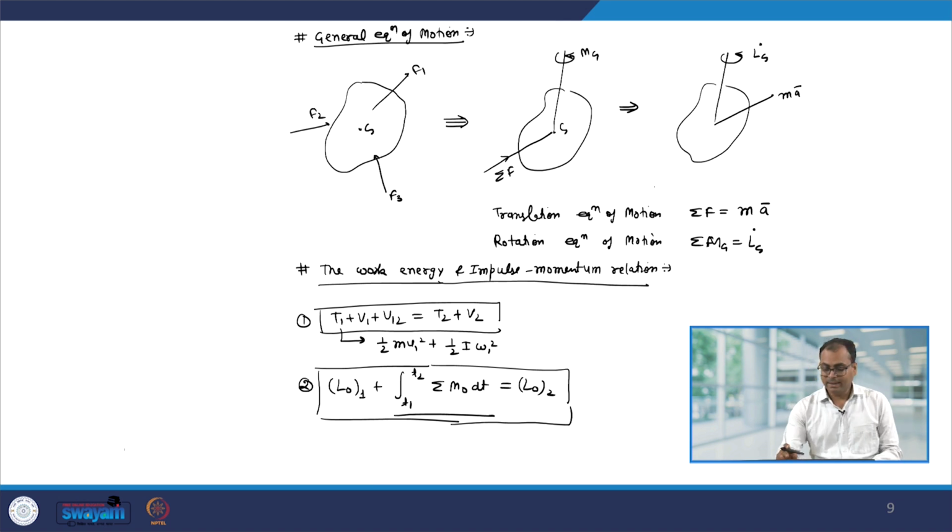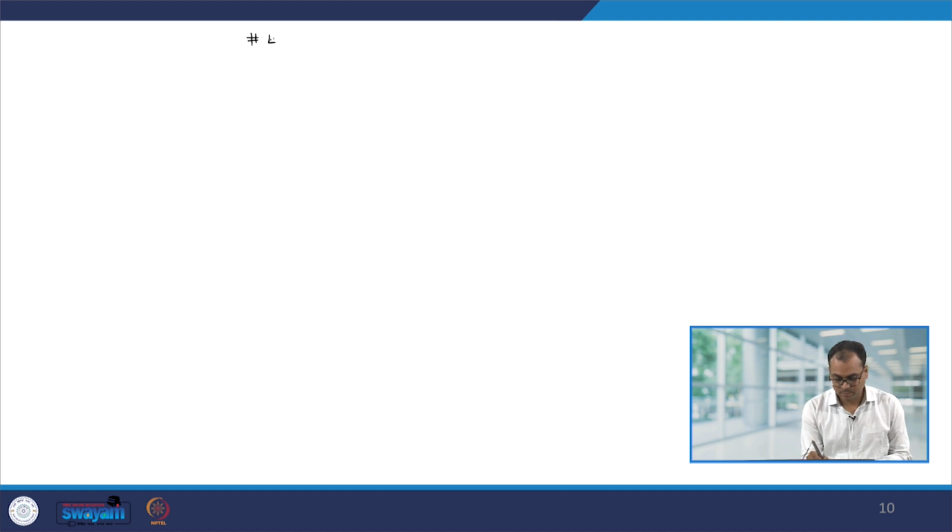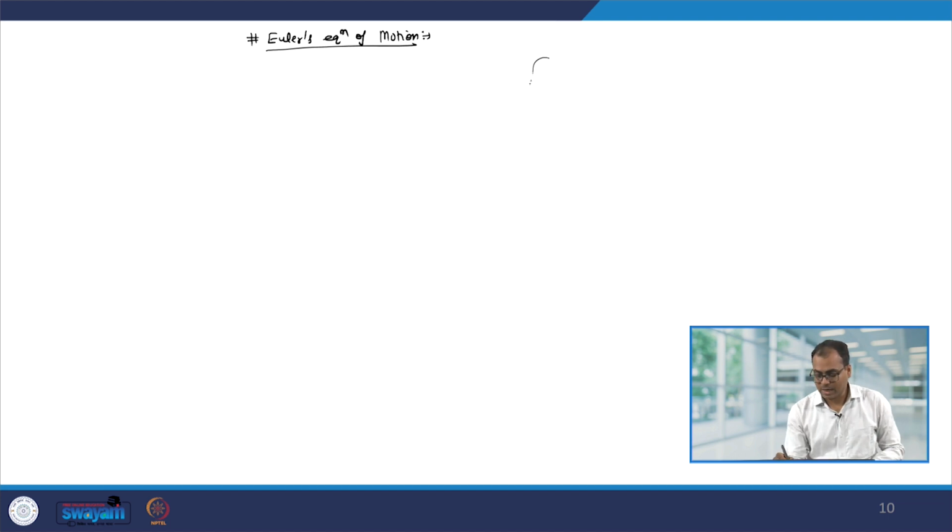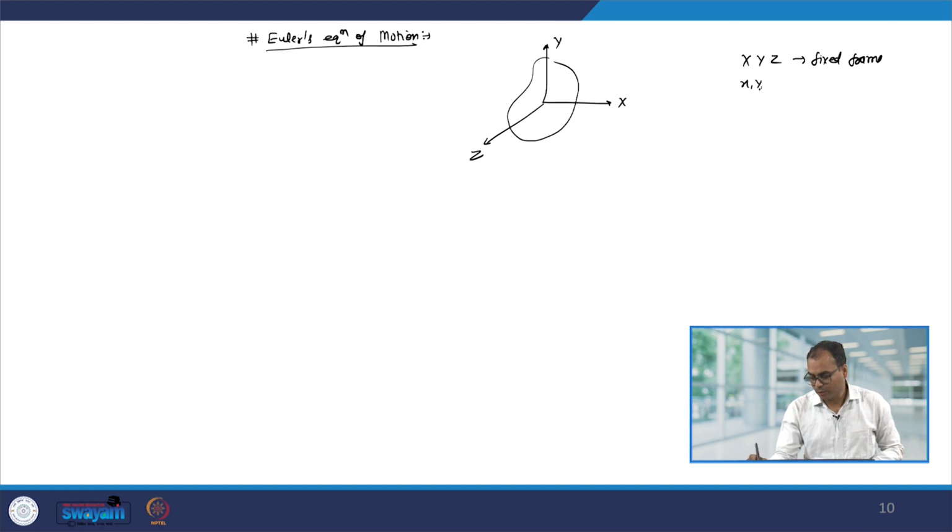Finally, we discussed Euler's equation of motion. So, we said that suppose I have a rigid body and capital X, capital Y and capital Z are the fixed frame, and small x, y, z are the rotating frame which are fixed with the body.